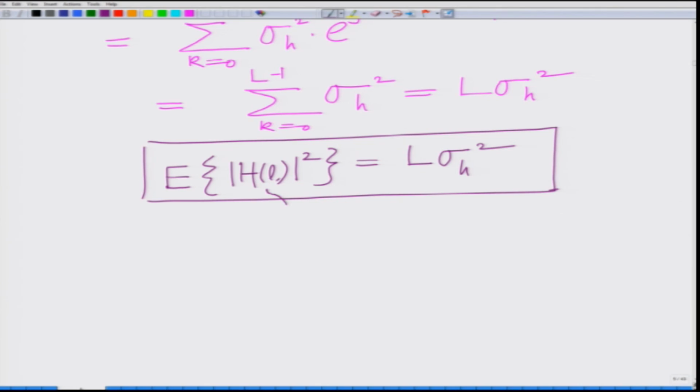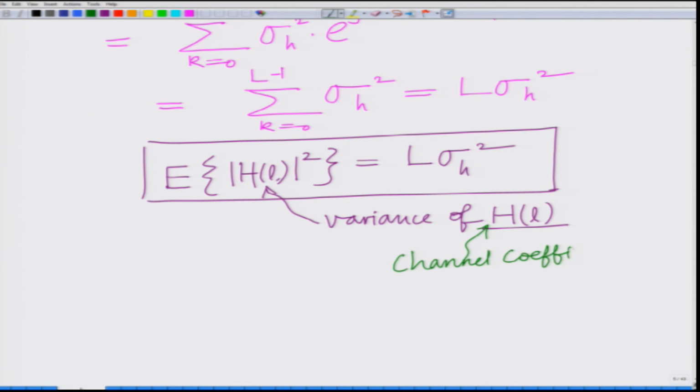So, this is the variance of the channel coefficient H_L, where H_L is the channel coefficient of the Lth subcarrier.